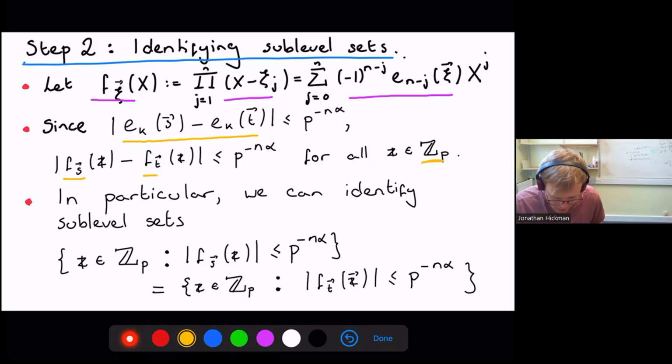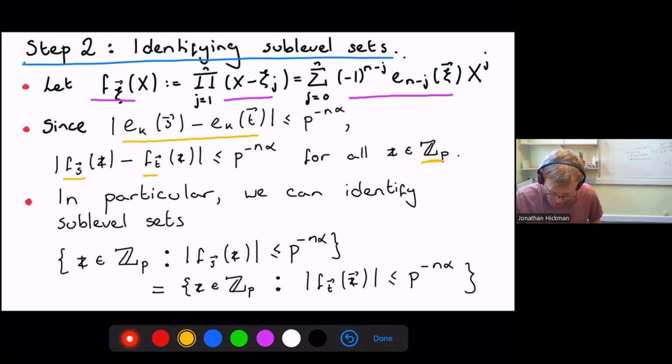So in particular, this difference between f_s of z and f_t of z is at most p to the minus n alpha in p-adic absolute value. Okay, so whenever f_s is small, f_t is small, and vice versa. So because of this, we can identify the sublevel sets of these two polynomials.